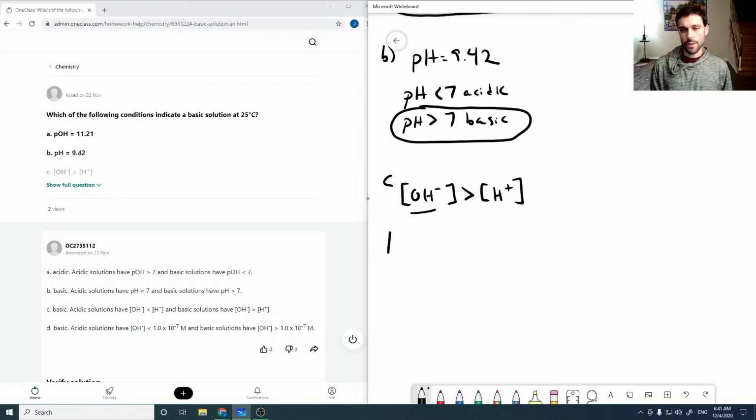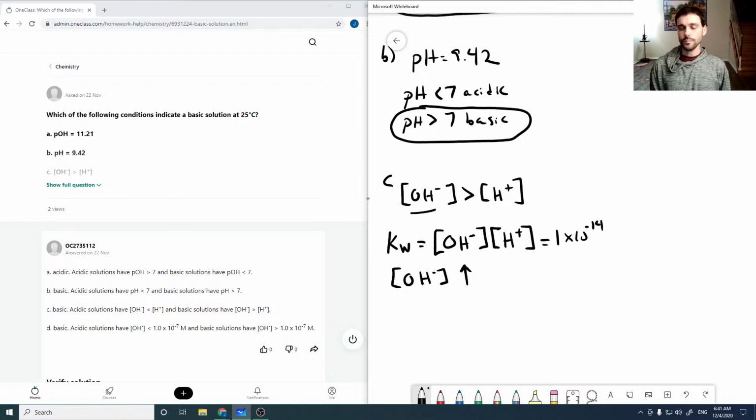Remember that our Kw is our concentration of OH minus multiplied by our concentration of H plus, and that's equal to 1 times 10 to the minus 14. So it's a constant. So if our concentration of OH minus increases, then our concentration of H plus decreases.